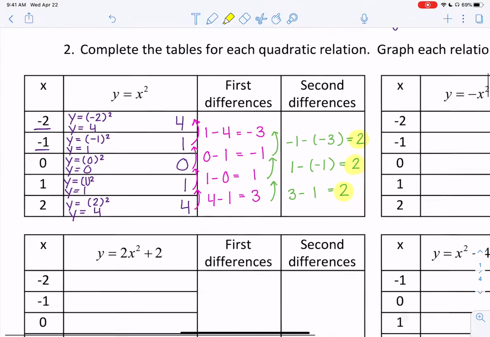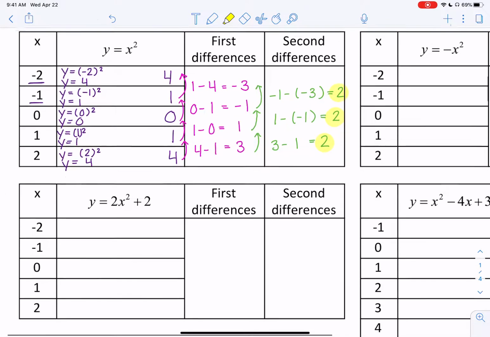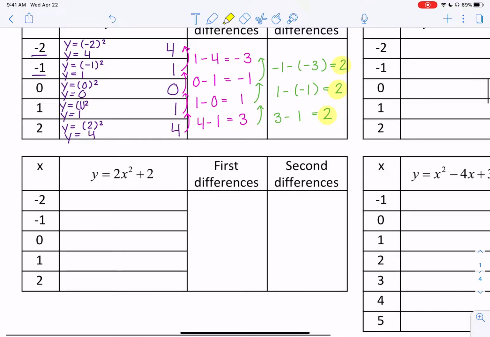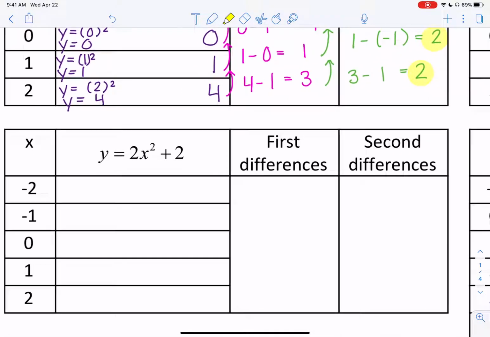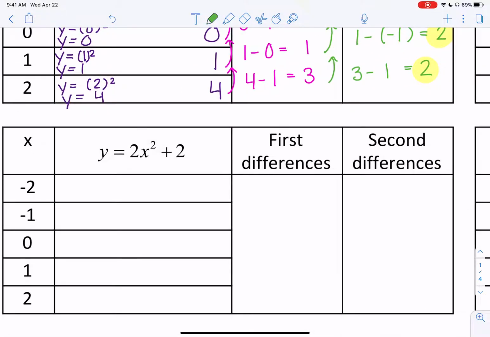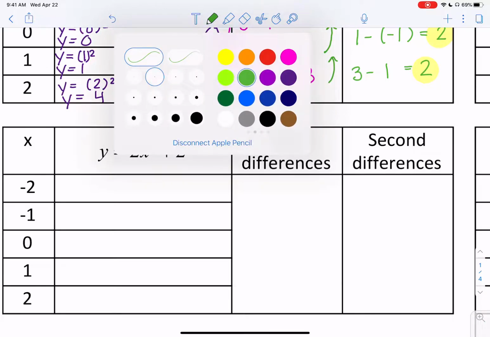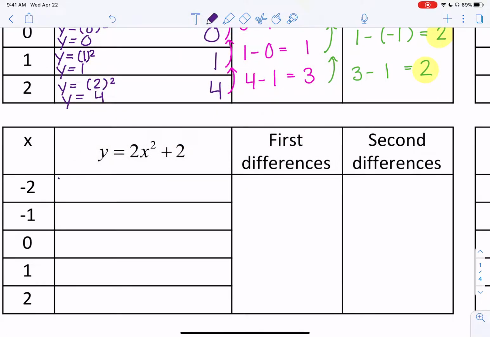We'll do one more together and then I'll give you an opportunity to try them on your own. For this one down here, we're going to do the same thing. We're going to fill in our table of values first. For our first row, instead of writing an x, we're going to put a -2, and that will give us 10.